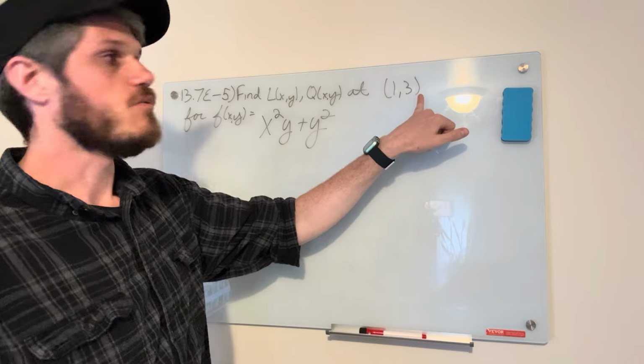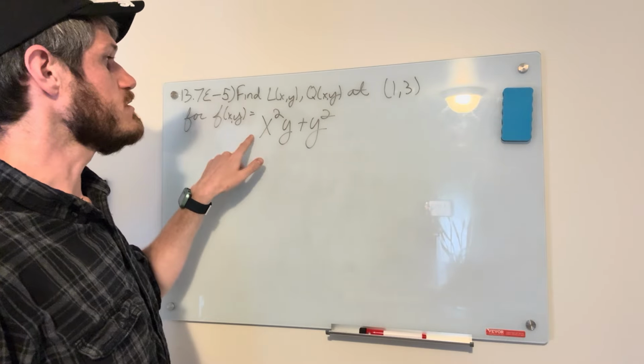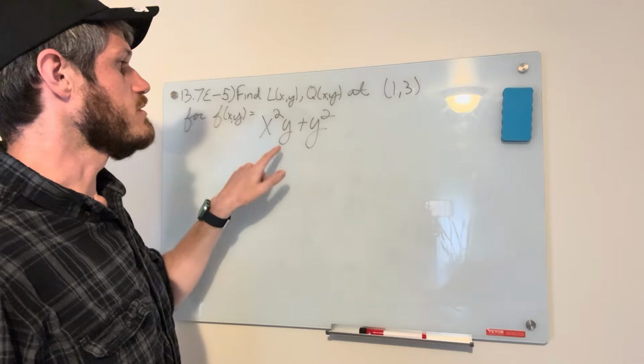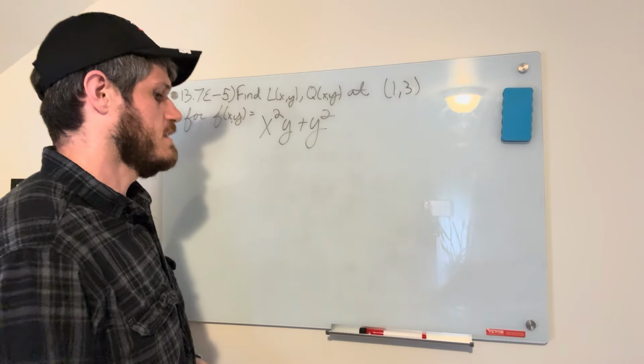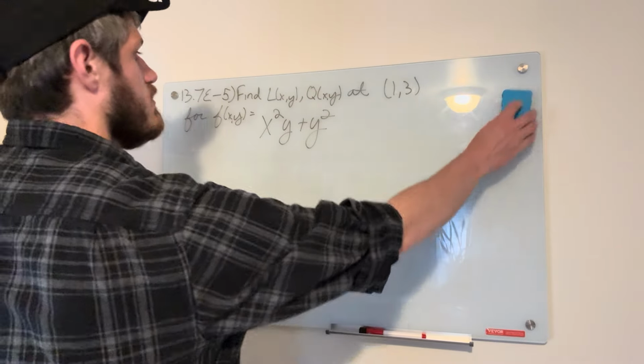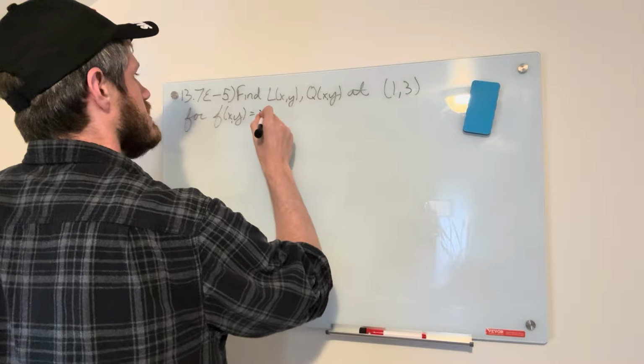At this given point, 1, 3, for the function f of x,y is equal to x squared times y plus y squared. So I'm going to rewrite this a little smaller to save a little bit of space.